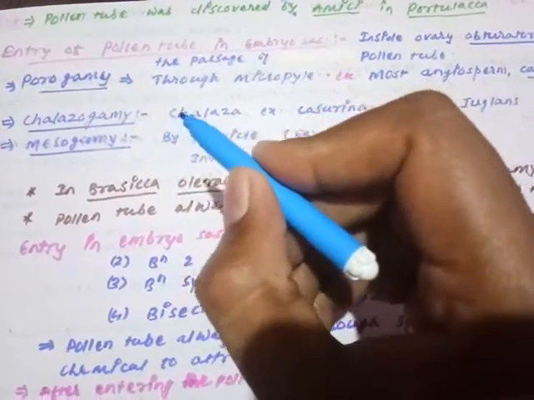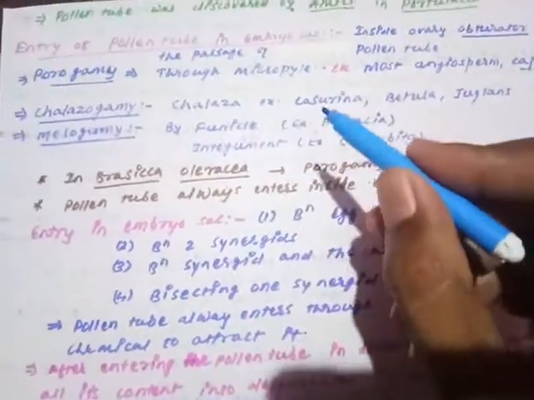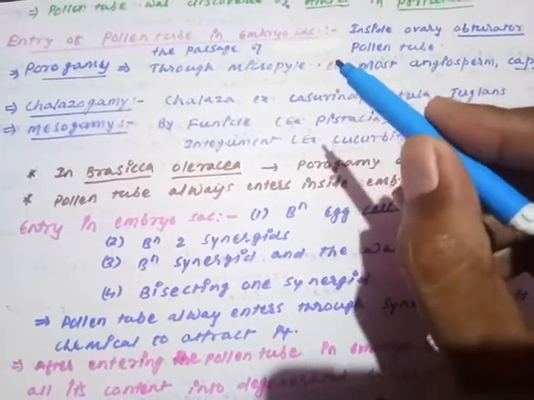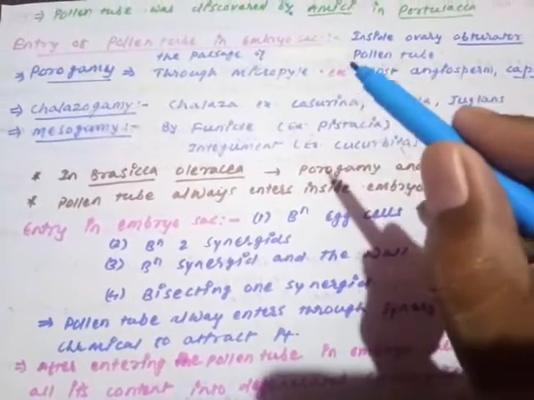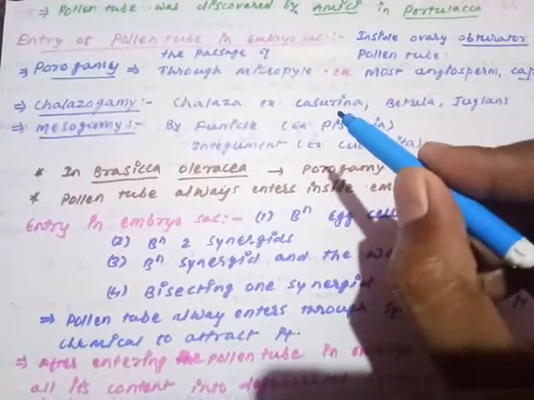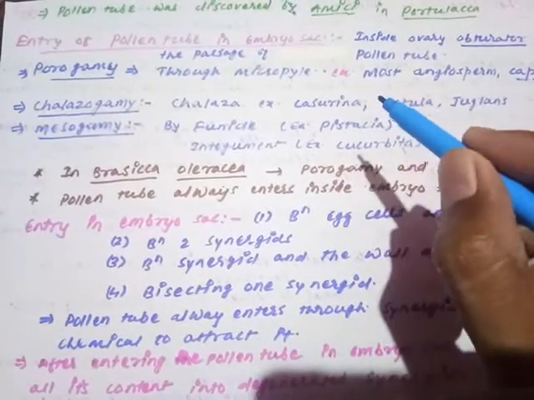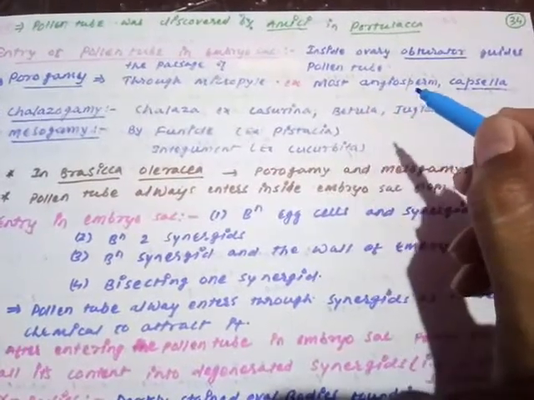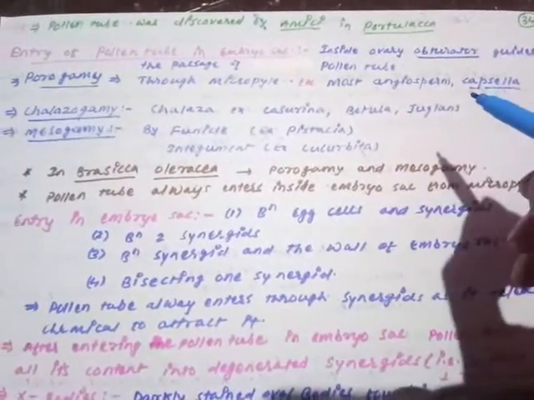So when the pollen tube enters the ovule through the micropylar region, it is called porogamy. This is very common, the case of most angiosperms along with the capsula.